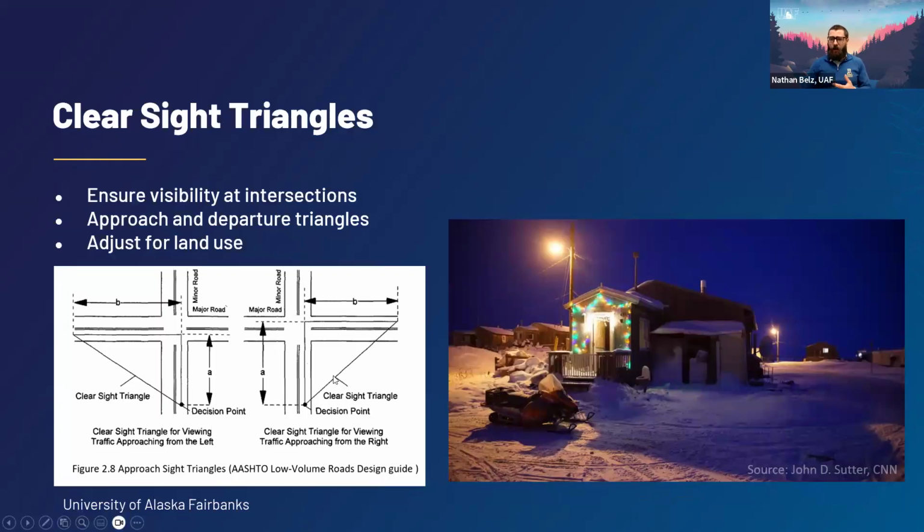So just to show what we're talking about with sight triangles, it's having enough time and enough distance to observe vehicles on conflicting approaches, with enough time to either come to a stop or change trajectory or speed sufficiently as to not create the potential for a crash or an incident.